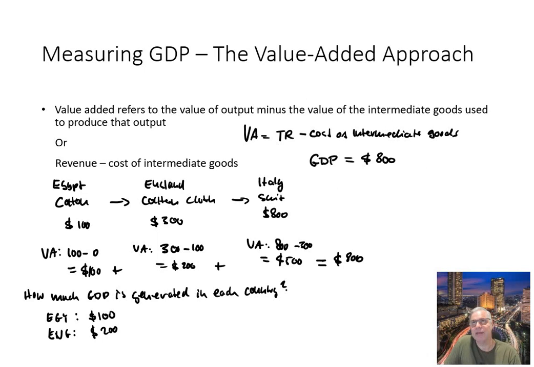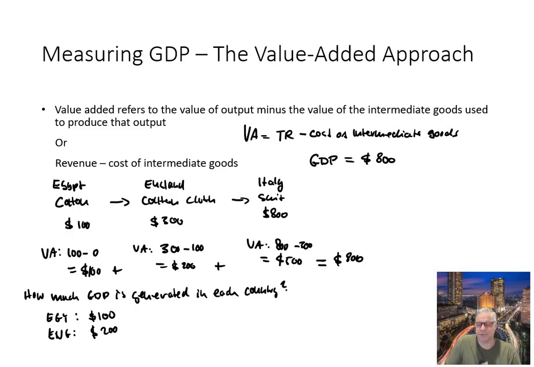So you might think, oh, GDP is the total market value of all final goods and services produced. Well, the Italian suit should therefore have contributed $800 to GDP. But that's actually not correct. That would be true if Egypt, England, and Italy were all part of the same country.